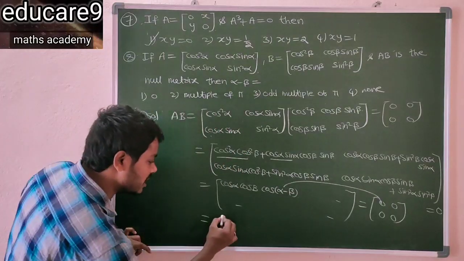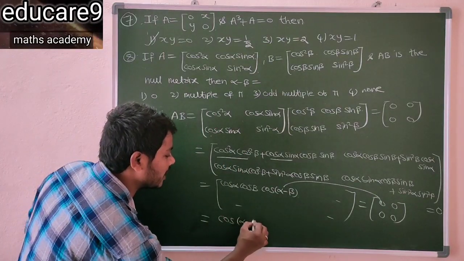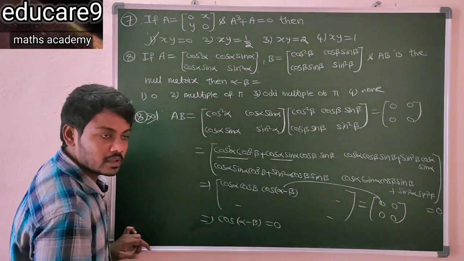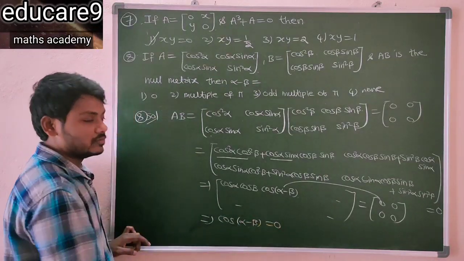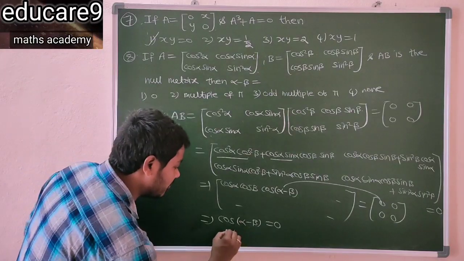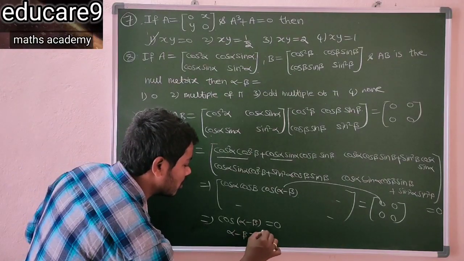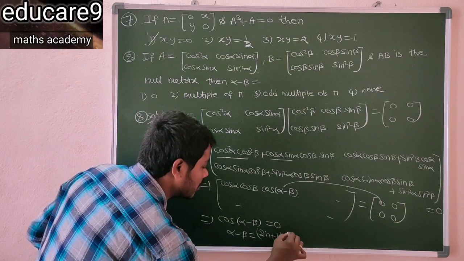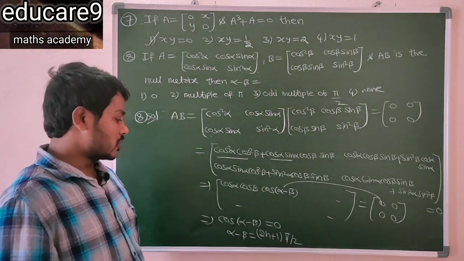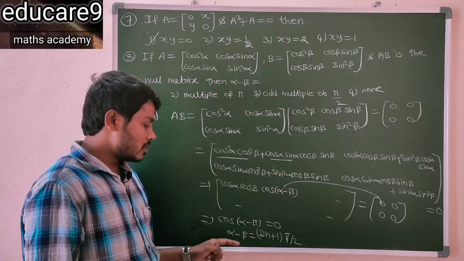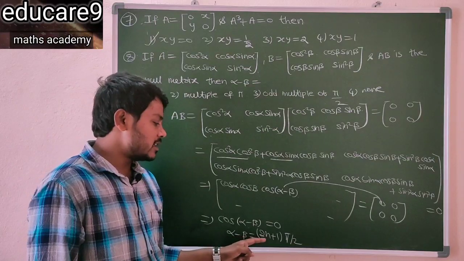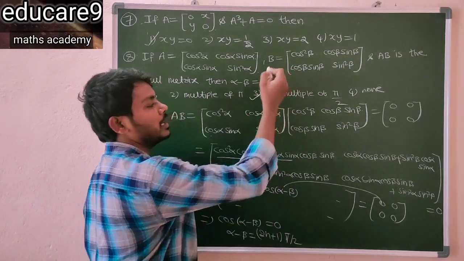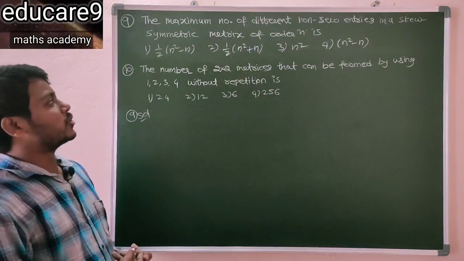So clearly cos of alpha minus beta is equal to 0. So cos theta is equal to 0. So how to write? Alpha minus beta is equal to 2n plus 1 into pi by 2. So clearly alpha minus beta is an odd multiple of pi by 2. So option 3. So next see the ninth solution.